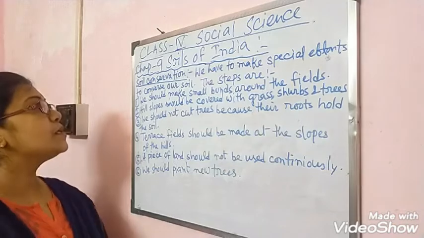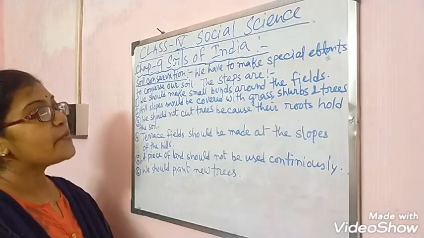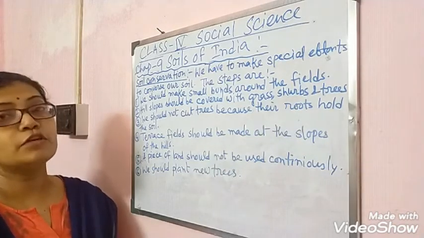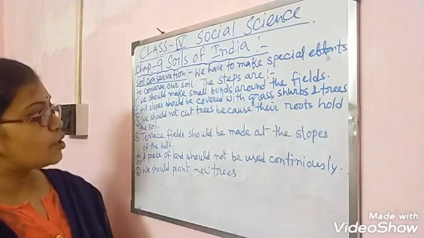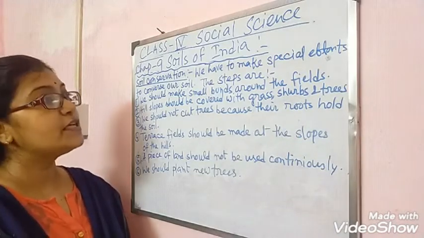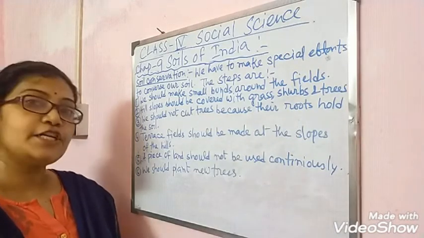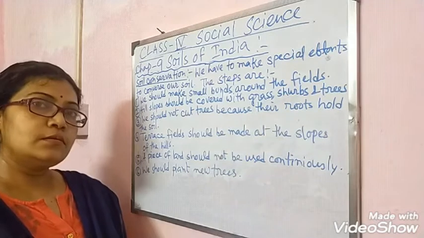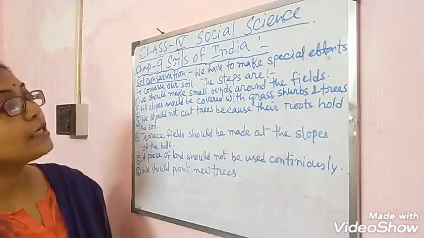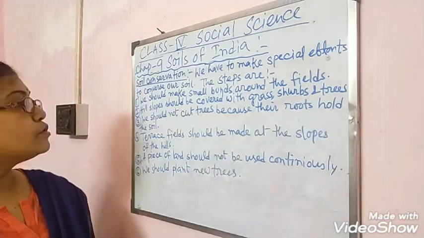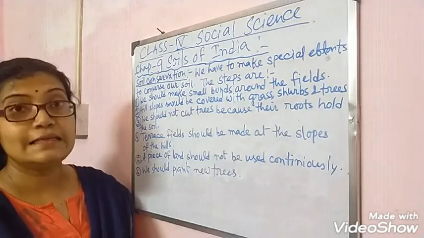What are the steps? Step 1: we should make small bunds around the fields. Number 2: hill slopes should be covered with grass, shrubs and trees. Number 3: we should not cut trees because their roots hold the soil tightly.